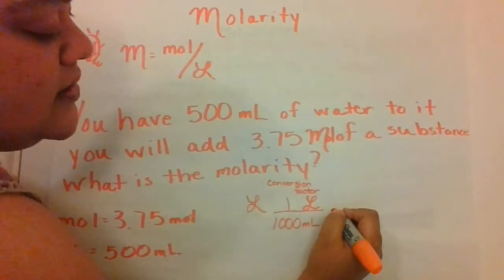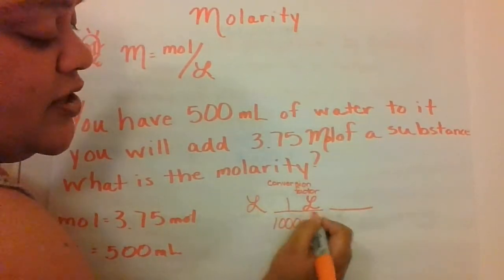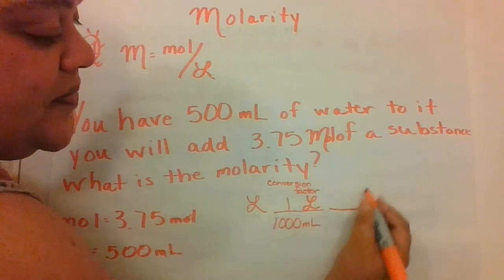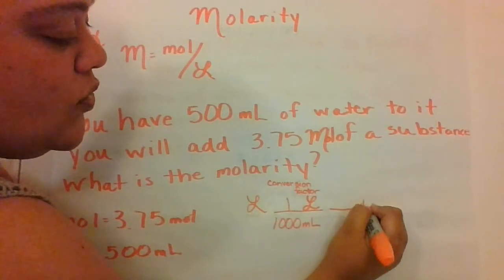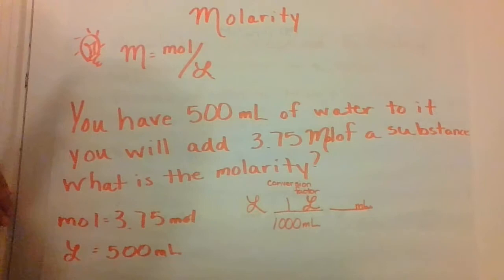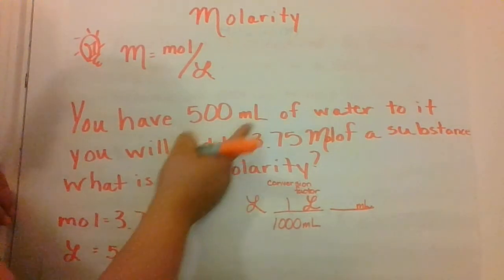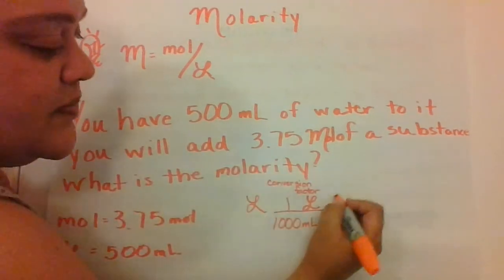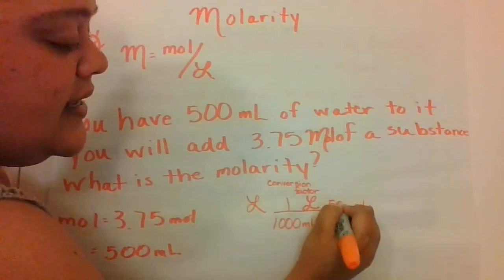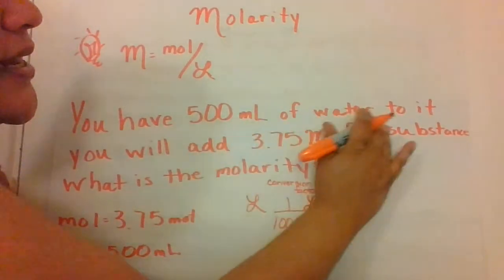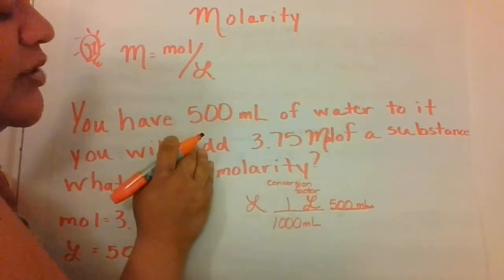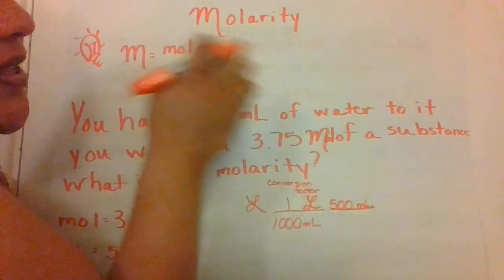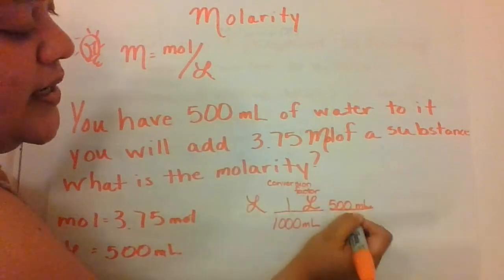I certainly think so. Whatever unit is on the bottom here is going to go directly across. Reference that problem again, and you'll see that right there we have 500 mLs. So we're going to fill that in. And it isn't married to any other numbers, so we can put it over 1.